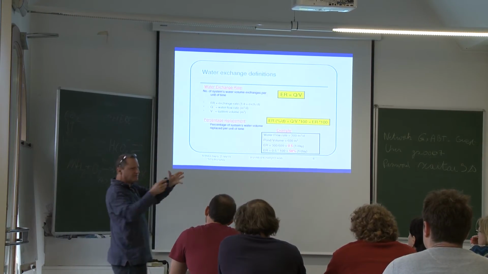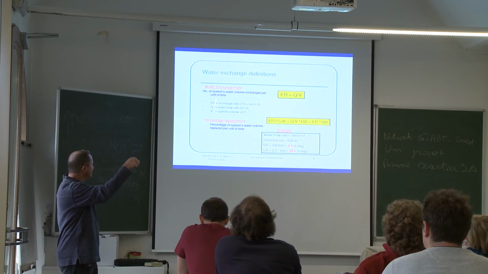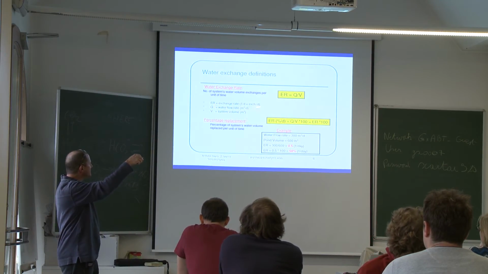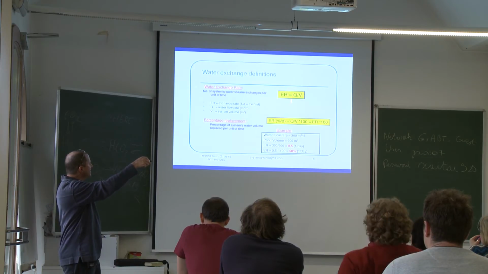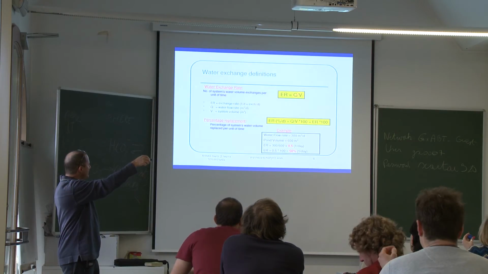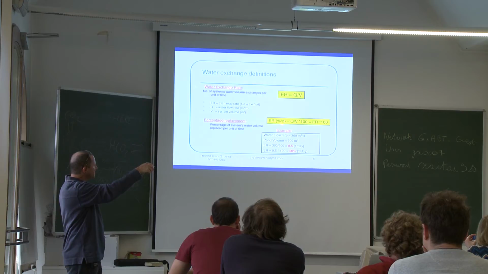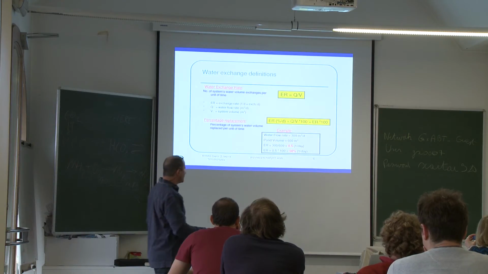The larger the system, the longer the retention time for a certain Q or flux. So exchange rate is the Q, or the flux over time, divided by the volume. And if we want to talk about exchange rate in percent, then it's just times 100.